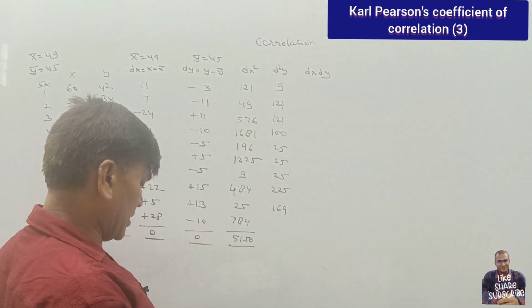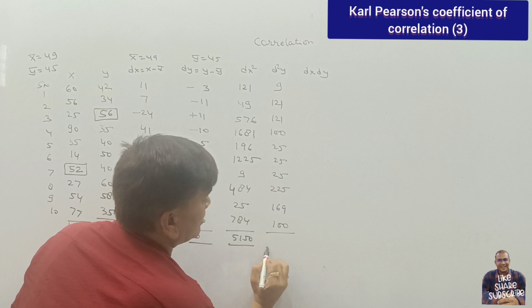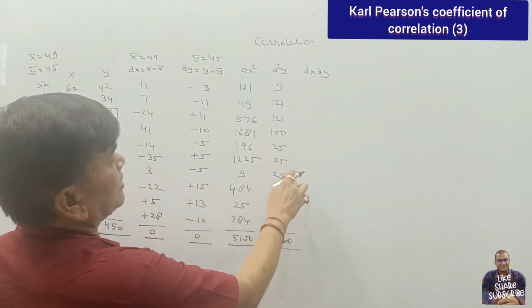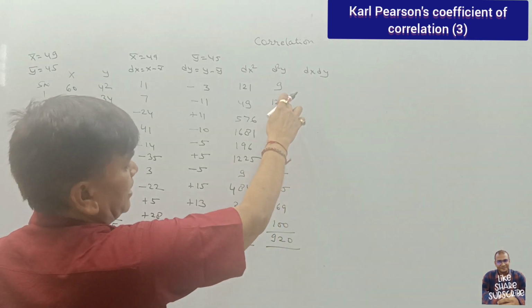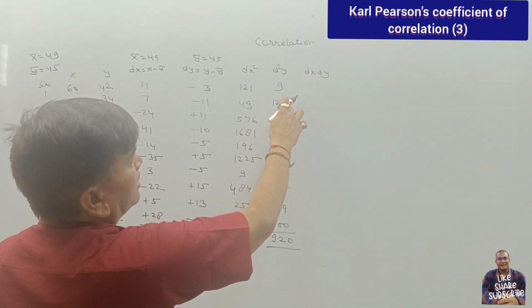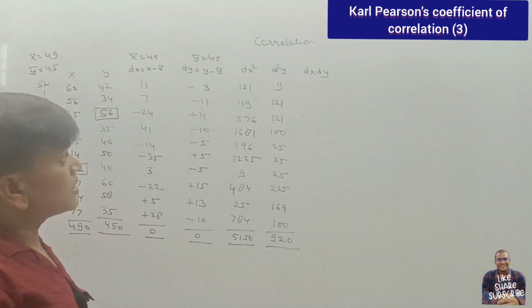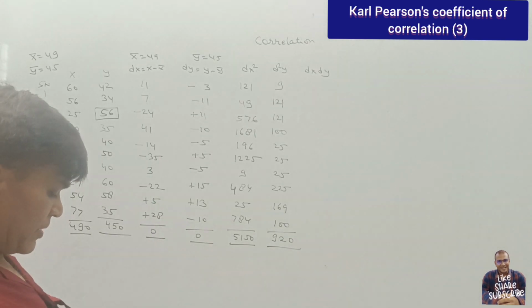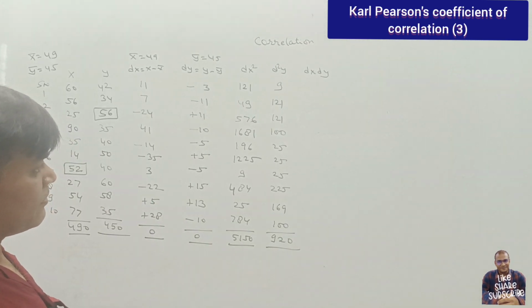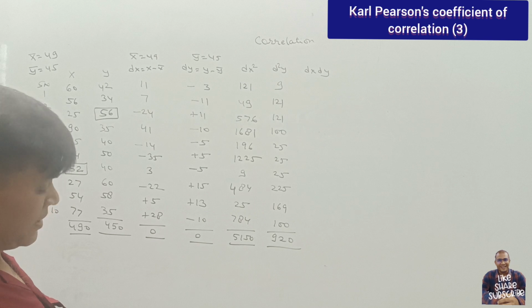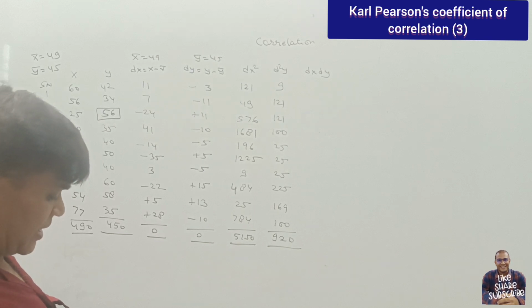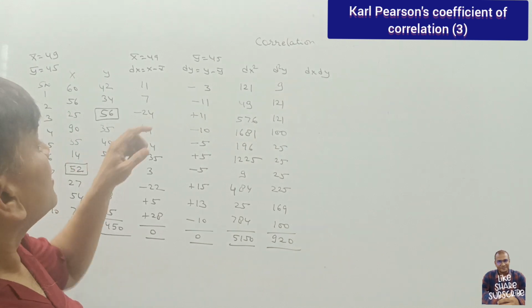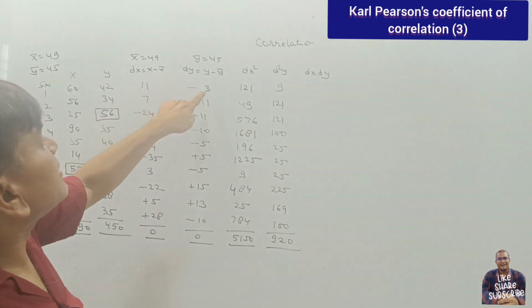And 10 multiply 10, that is 100. So the result will be 920. That is 9 plus 121 plus 121 plus 175 plus 225 plus 169 plus 100. That is 920.